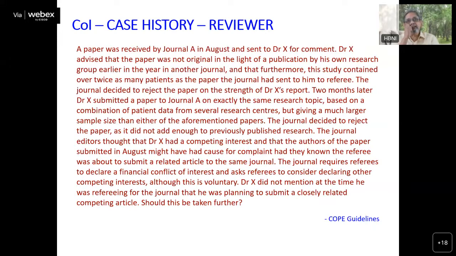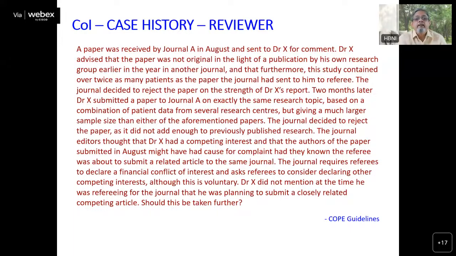Now we'll try to see the case history of a reviewer. This is an actual case history, and all of these are taken from the COPE website, publicationethics.org.